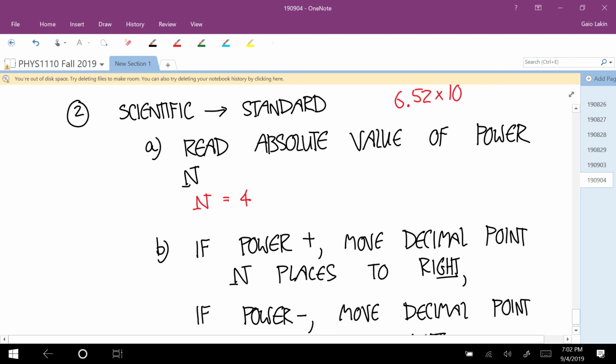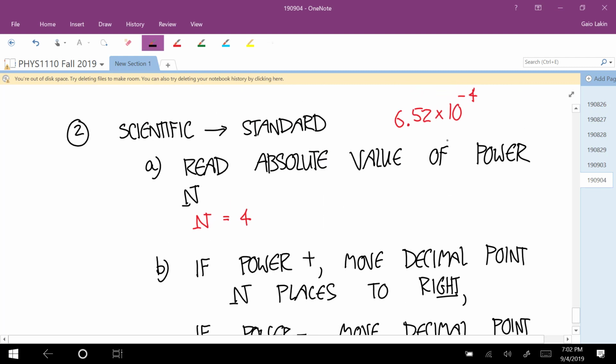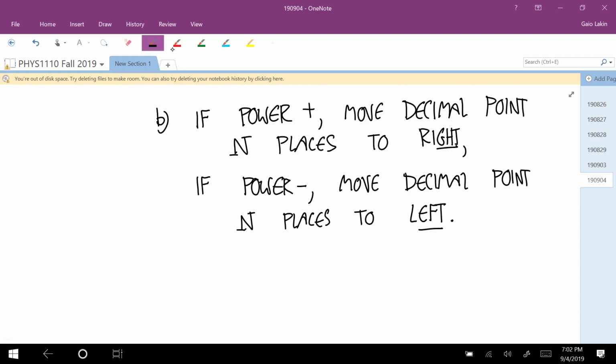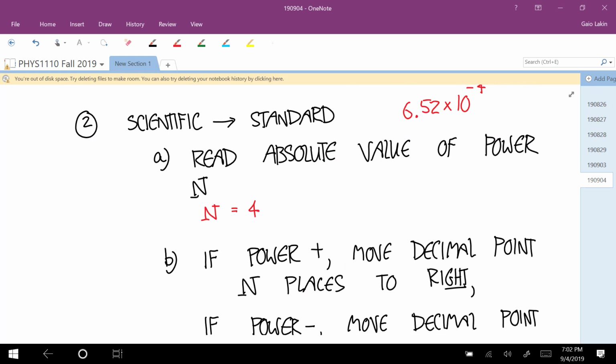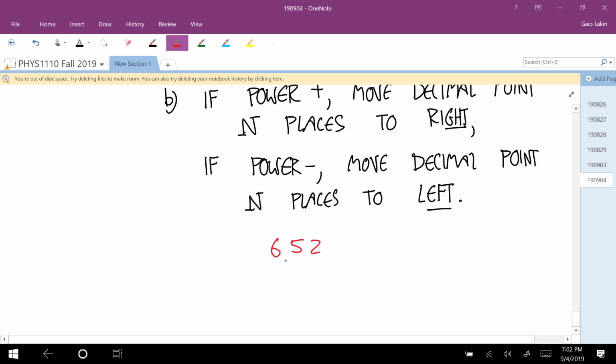Okay, so we started with this number, 6.52 times 10 to the minus fourth. And we figured out that n was equal to 4, and the sign of it is negative. So here's the 6, 5, and 2. And we're starting with the decimal point right after the 6. So I'm going to start here.